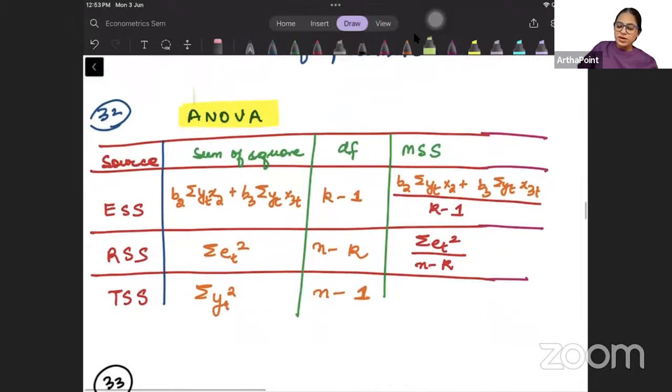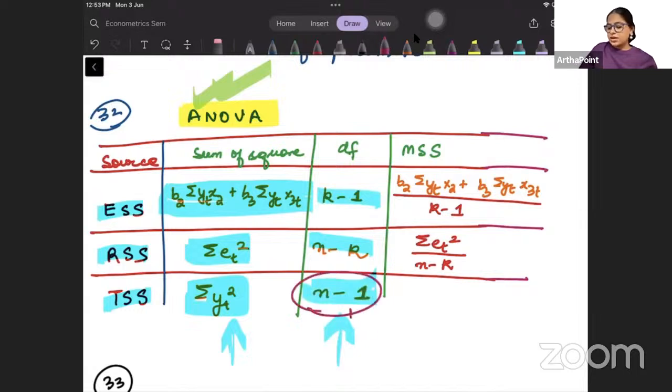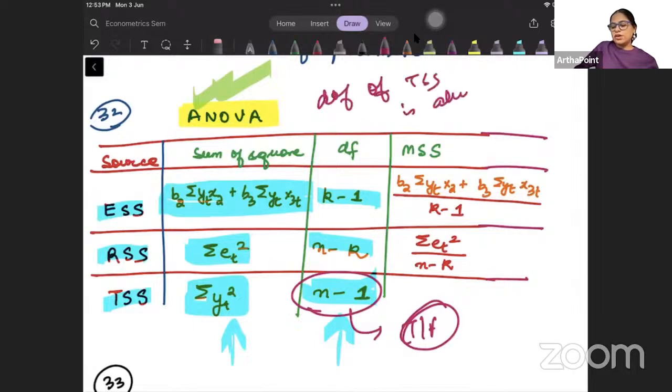Now, this is the Anova table, beta. This Anova table uses the same information. तो अगर आप यहाँ देखोगे, this is ESS, RSS, TSS. This is the formula for ESS, RSS, and TSS. अभी I have already explained you these formulas. These are their degrees of freedom, k minus 1, n minus k, n minus 1. बेटा ये भी एक, it comes as a true false statement that the degree of freedom of TSS is always n minus 1.